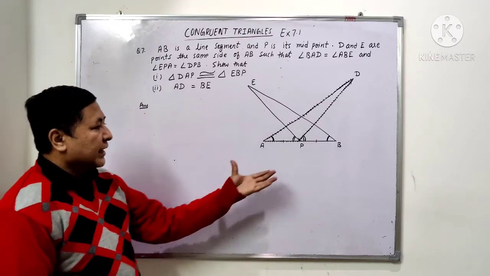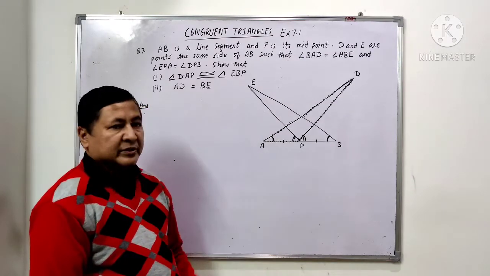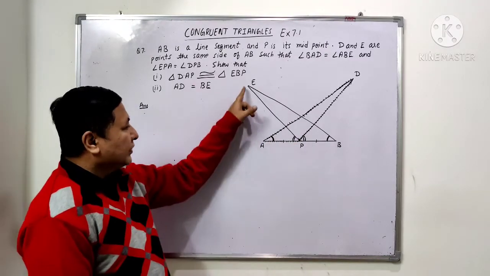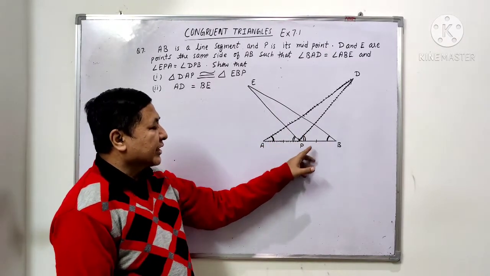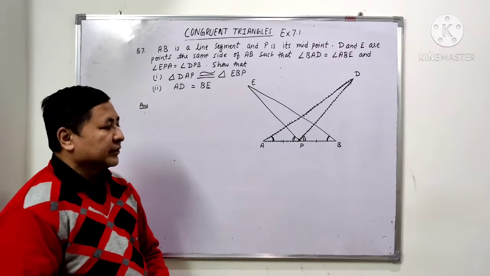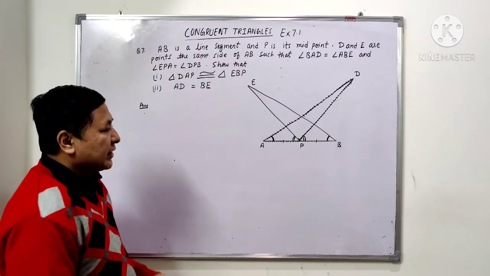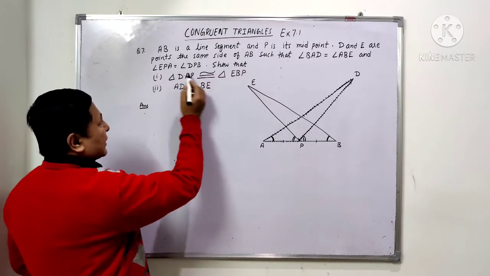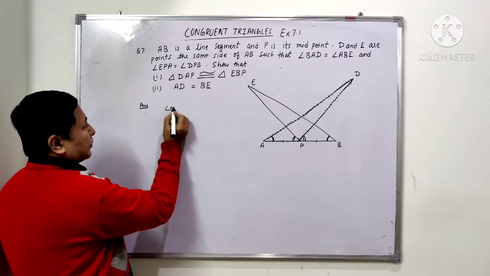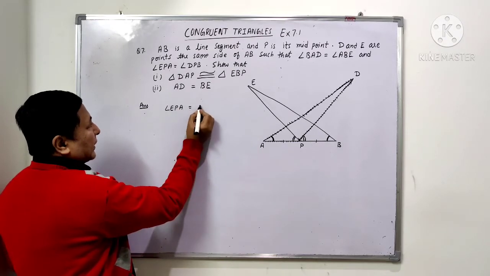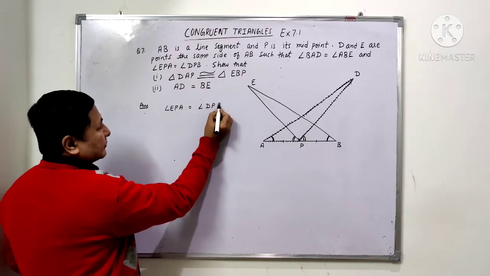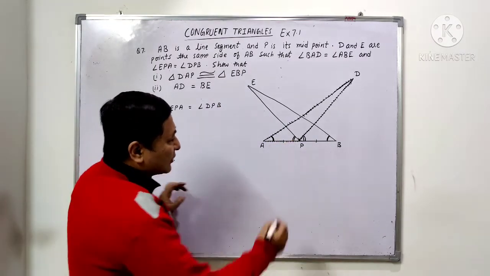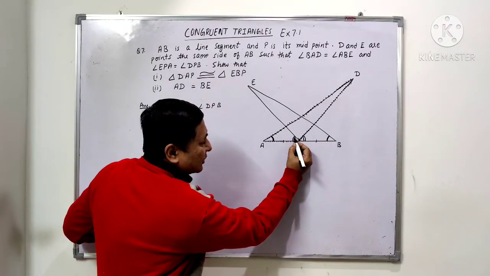Now to make the diagram easier, I have shaded this. You can see triangle DAP and triangle EPB. We have to prove them congruent. The angle given in the question, EPA, and angle DPB: if you see angle EPA, this much angle, it is not a complete angle.